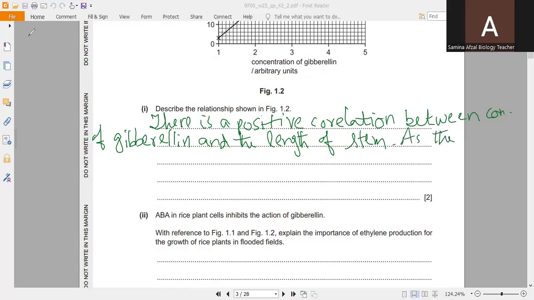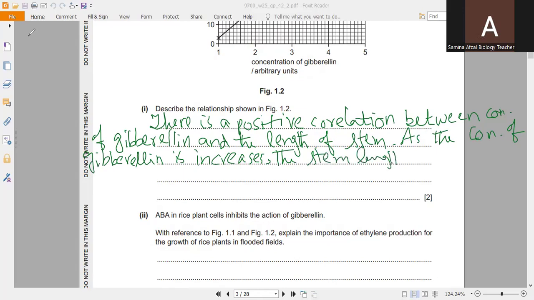As the concentration of gibberellin is increasing, stem length also increases.